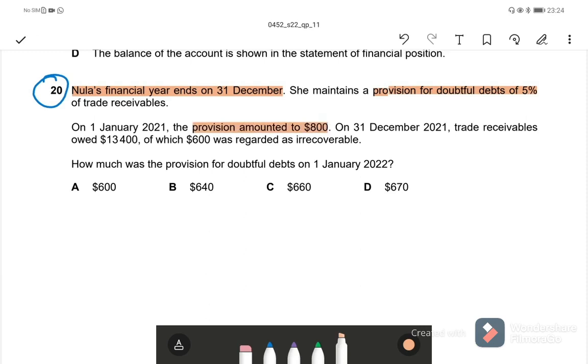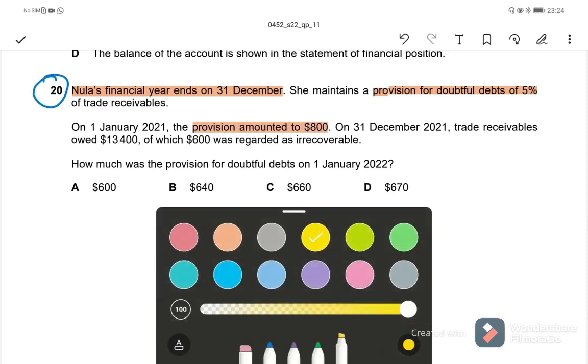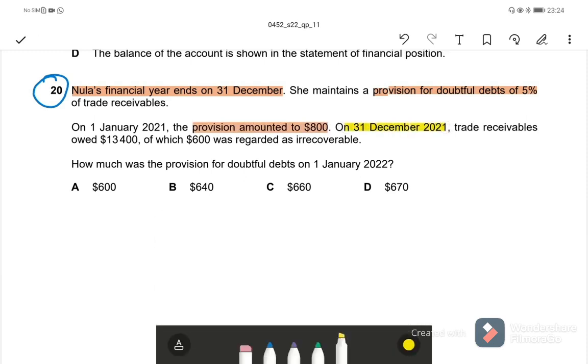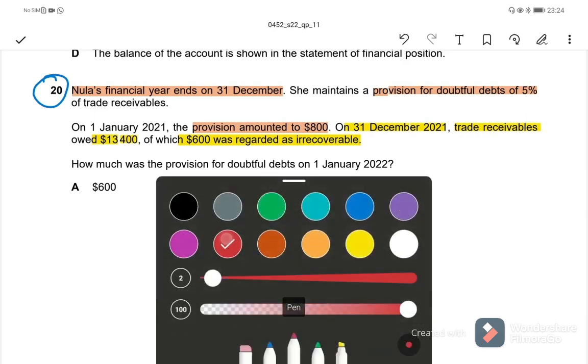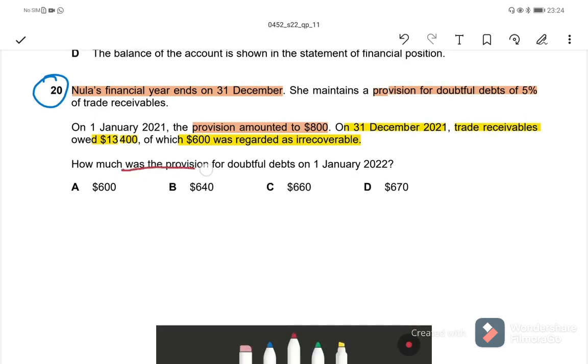On December 31st, trade receivables owed 13,400, of which 600 was regarded as irrecoverable or bad debt. What is the question? The question is, how much was the provision for doubtful debts on 1st January 2022? So, the provision for doubtful debts calculation.